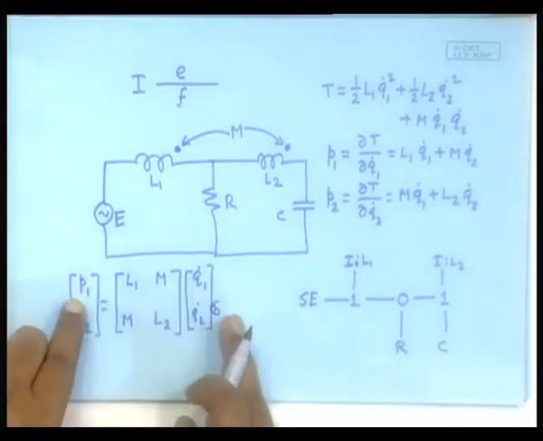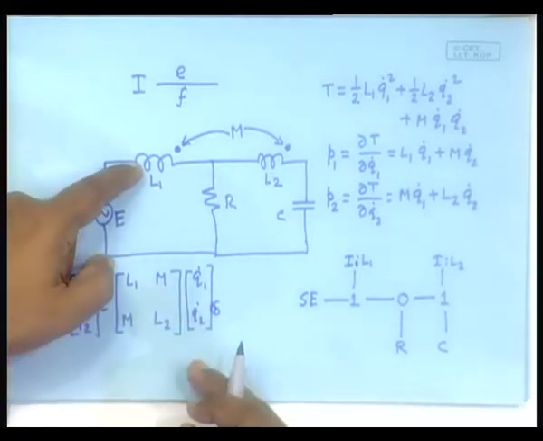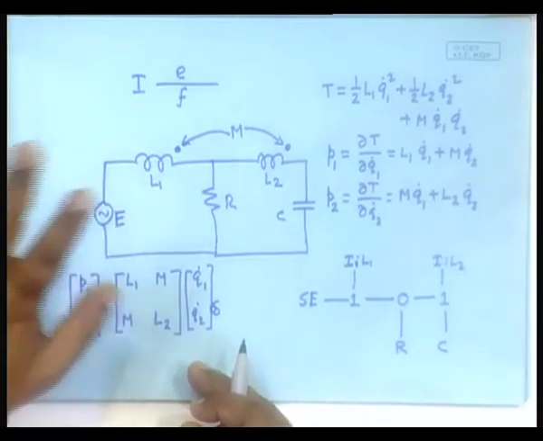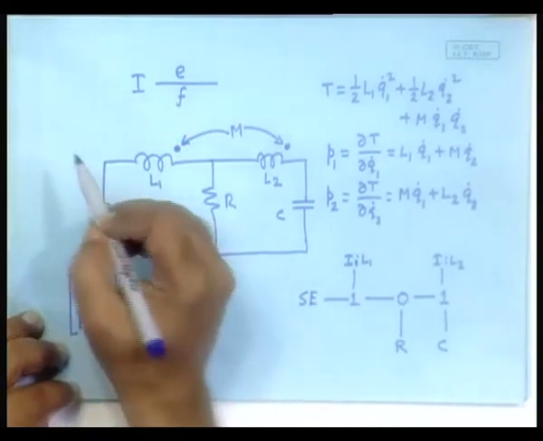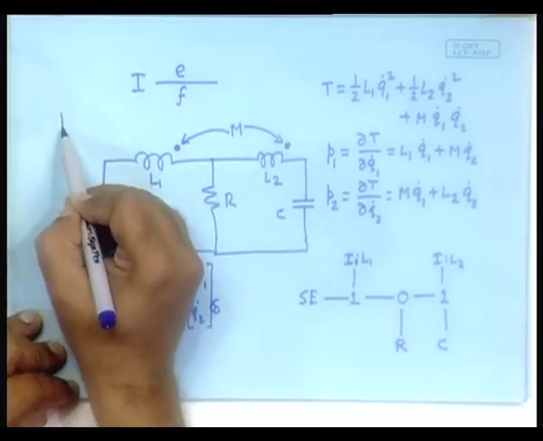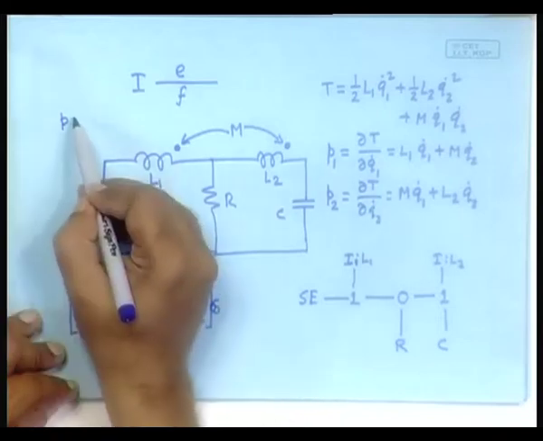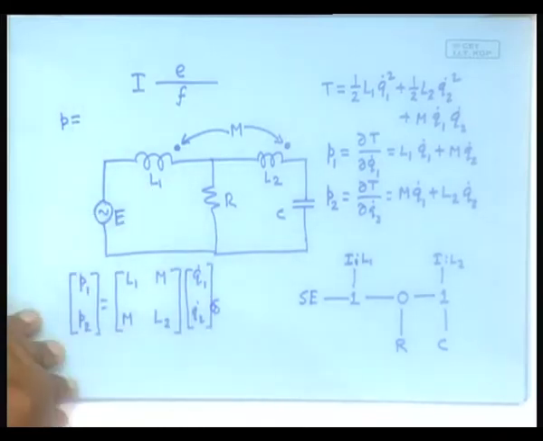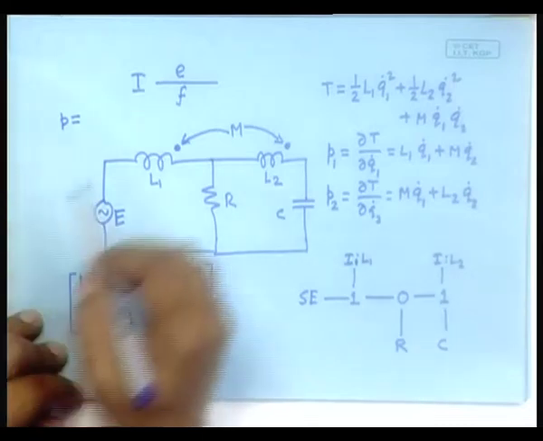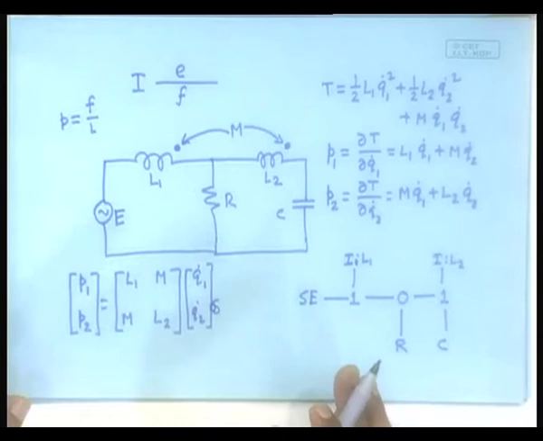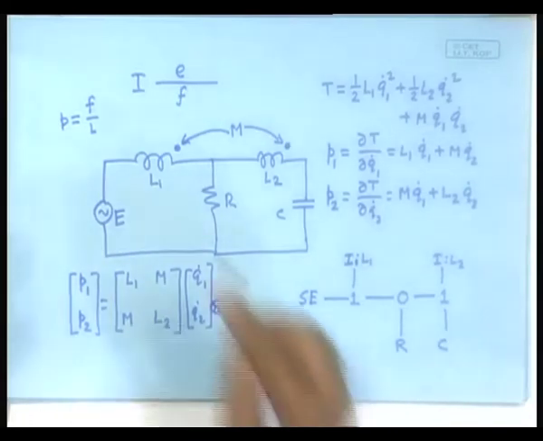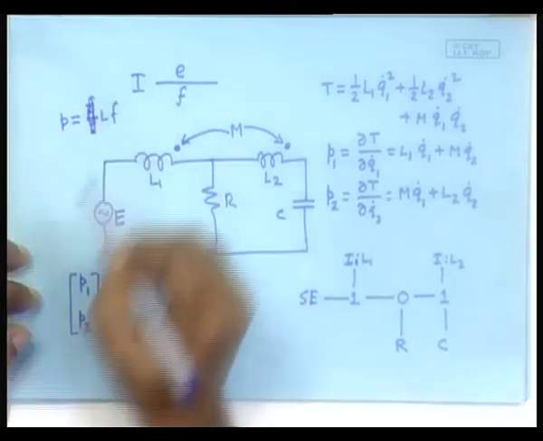If this were not there, and you only consider one inductance, you would write P equal to L into the flow.